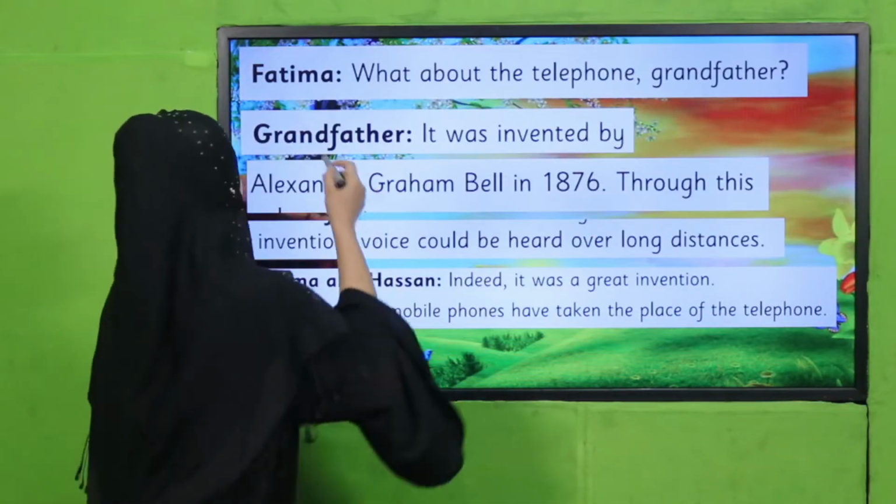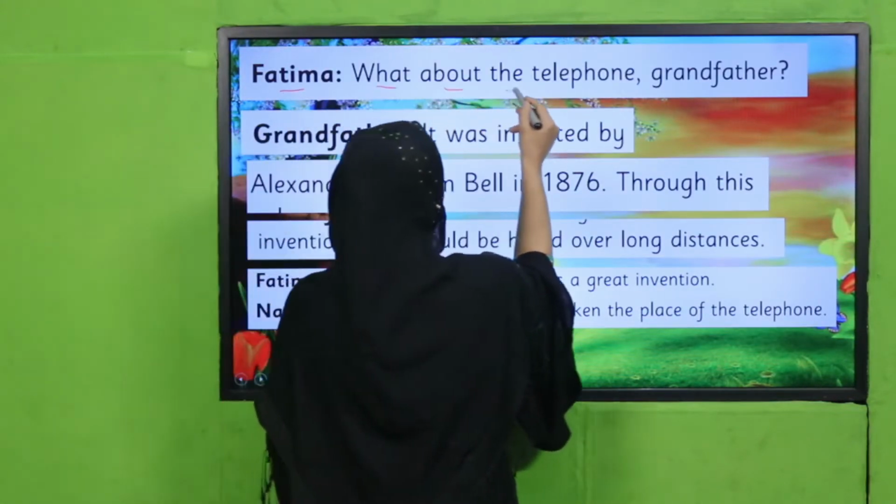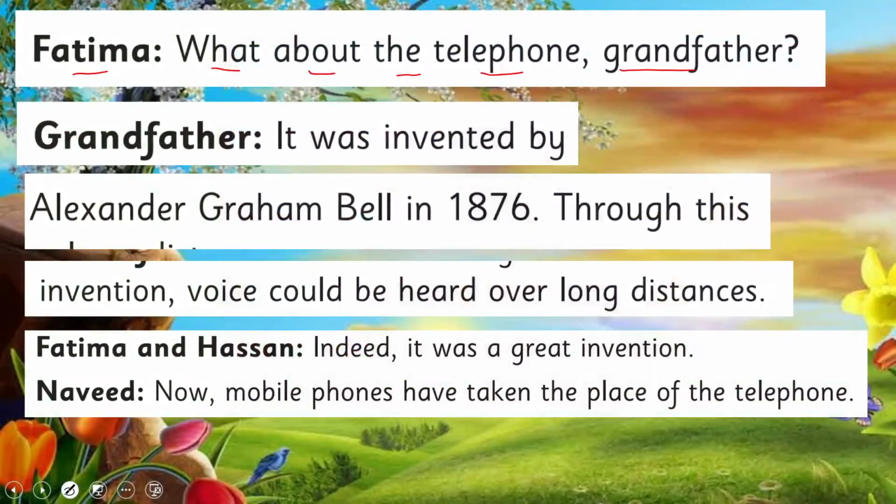Yes, my dear students, next, Fatima: What about the telephone, grandfather? Grandfather: It was invented by Alexander Graham Bell in 1876. Through this invention, voice could be heard over long distances.